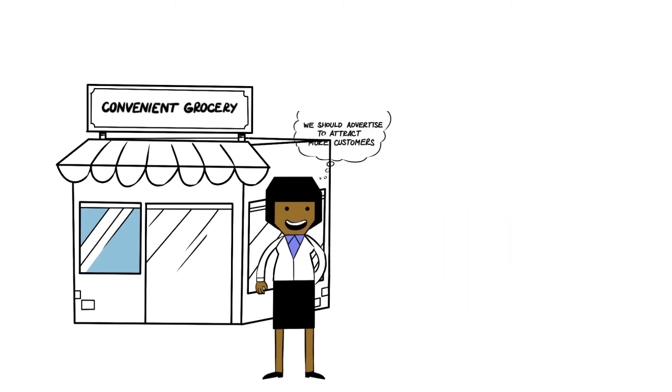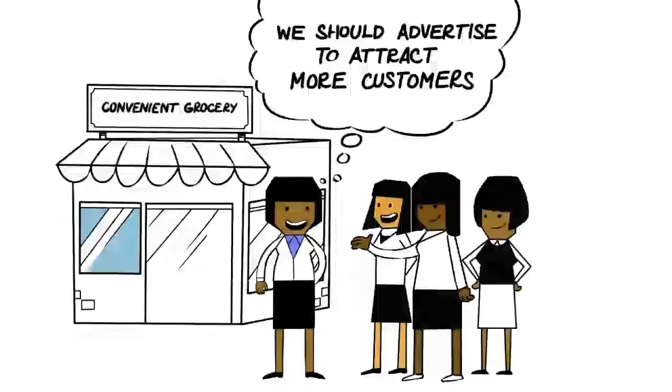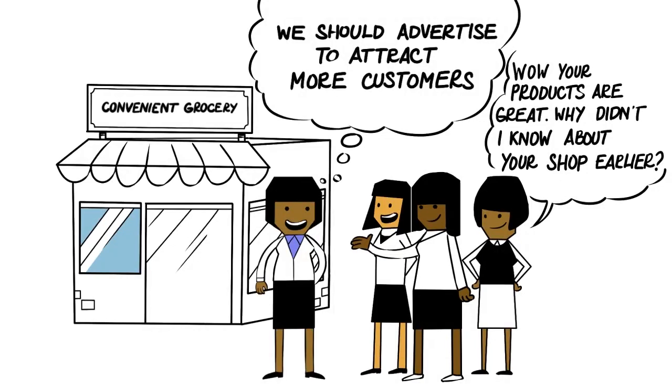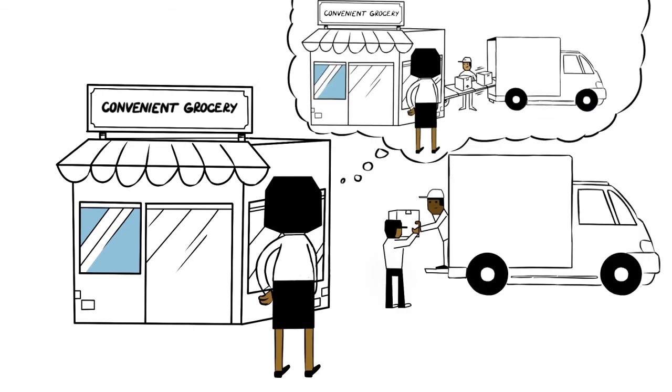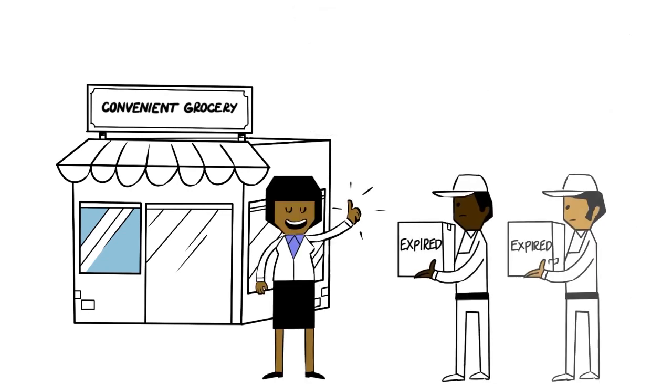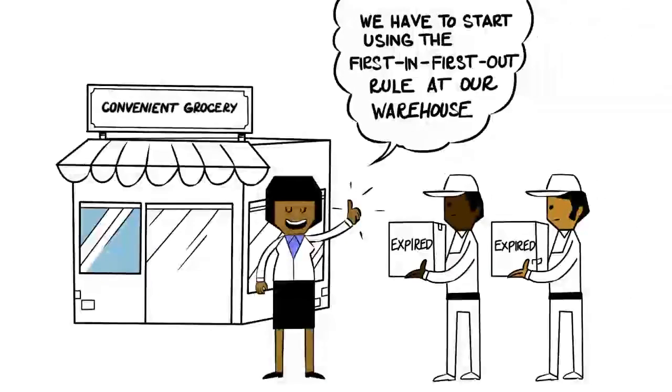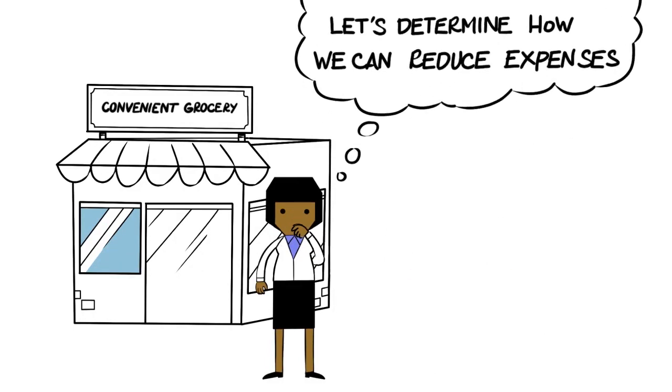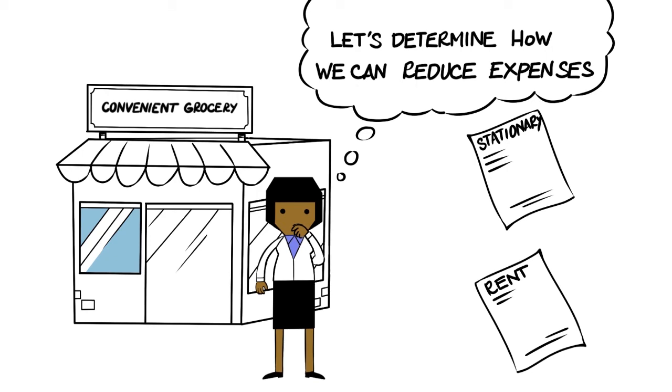Implement marketing activities to attract more customers. 3. Increase the efficiency of your production. 4. Review your inventory to detect any inefficiencies. 5. Control your operating expenses.